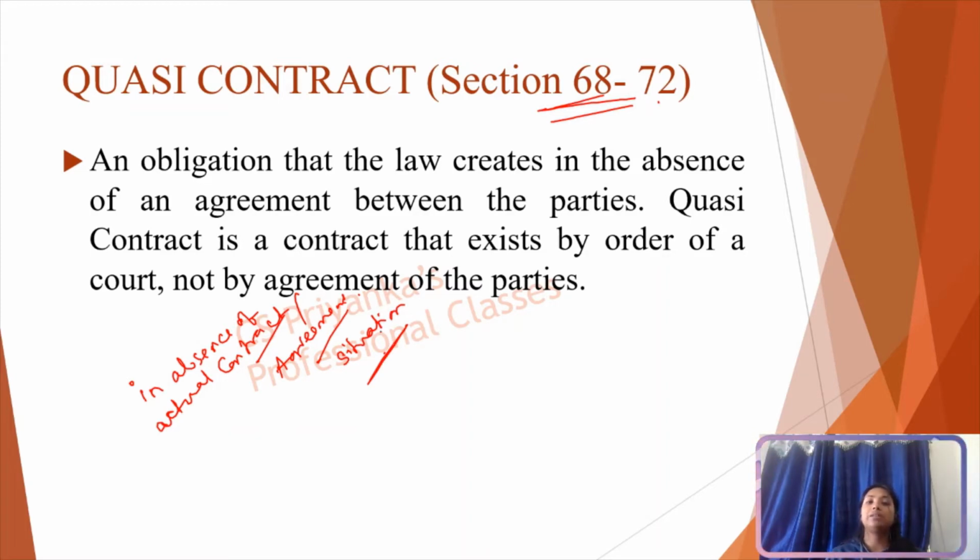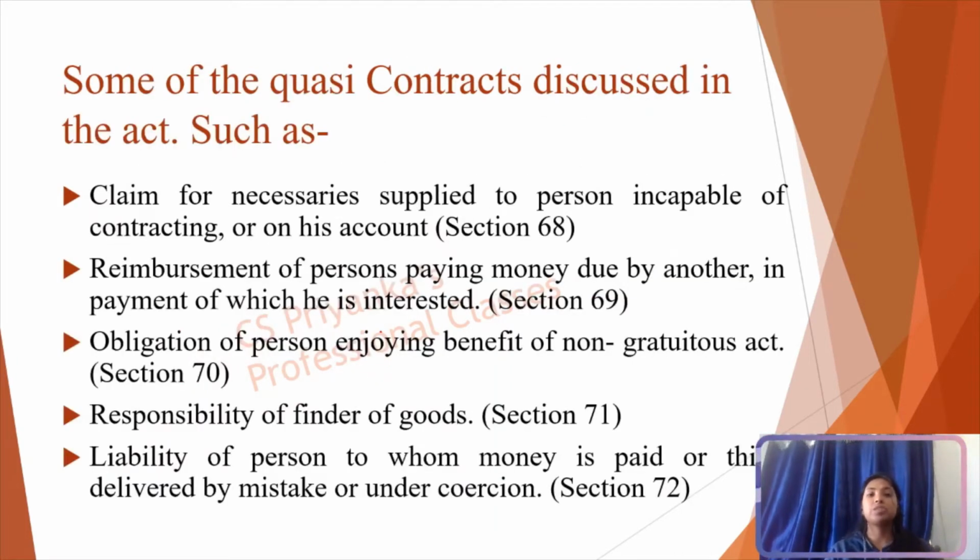So for better understanding purpose, we are going to discuss some of the examples. Some of the quasi contracts are discussed in the act. I will explain all these things between section 68 to 72. But before that, I can tell you one example.